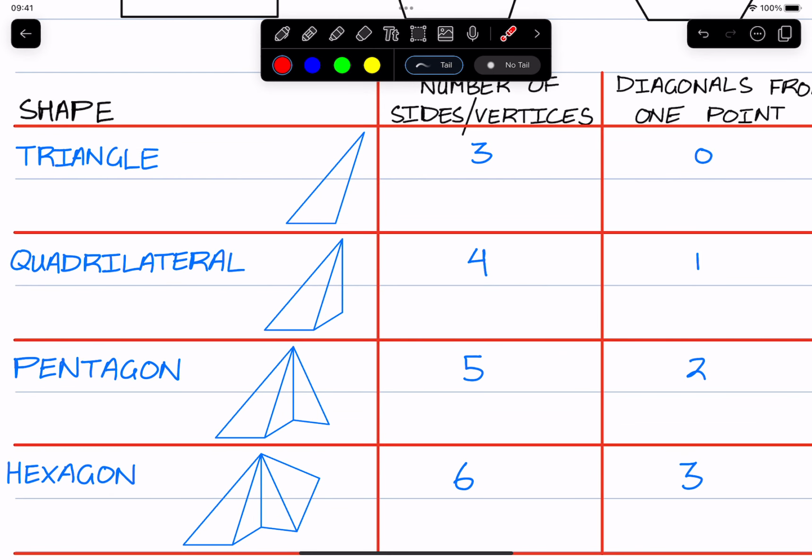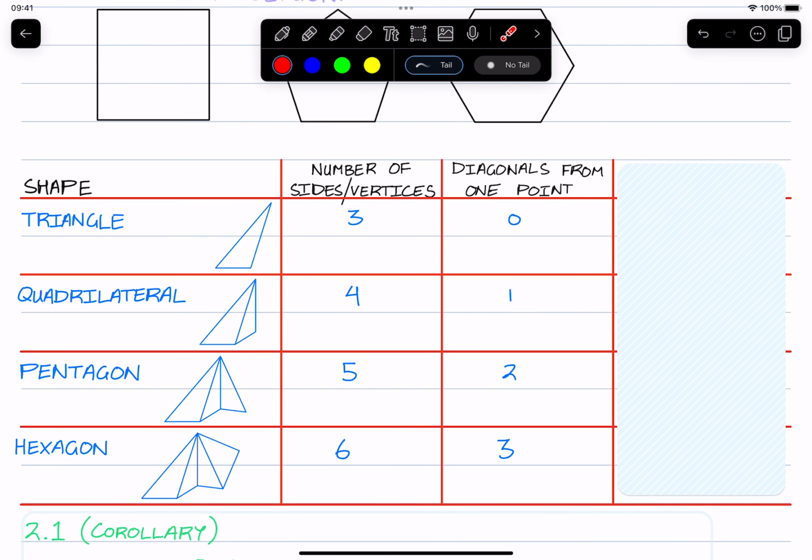I've made a quadrilateral here, so take a look. 1, 2, 3, 4. And I've already drawn in the one diagonal from that one point. So if there are 4 sides or 4 vertices, there is one diagonal from that one point.